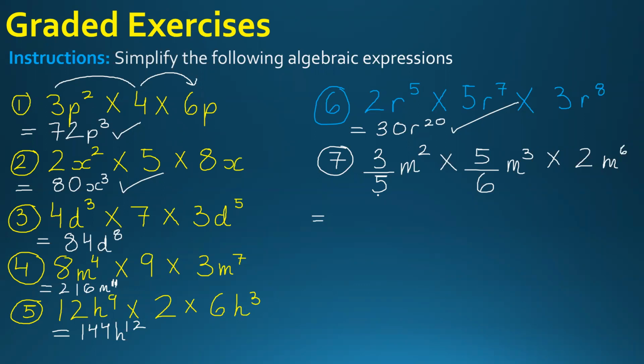And then m squared times m cubed times m to the power of 6 is 2 plus 3 plus 6, which is m to the power of 11. Okay. I mean, your answer's not wrong. It's just that I want the fraction because your answer is an approximation, Naya. Because you had to round, right? For 5/6, it was 0.8333333. So I don't want an approximation. I want an exact value. So keep the fractions.